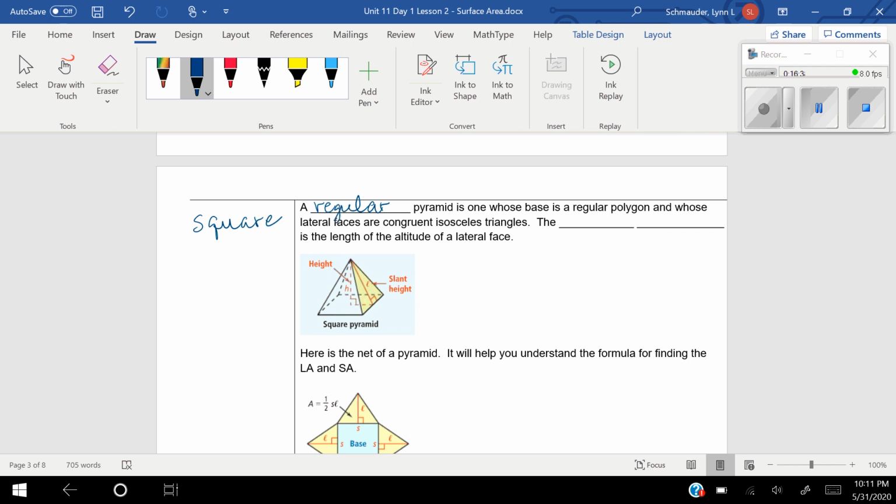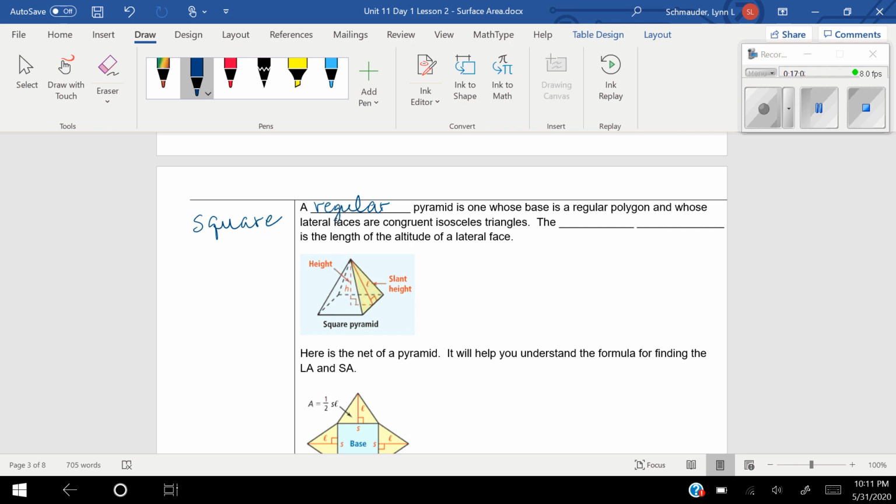when I was talking about prisms is that the way you name them is by the shapes of their bases. So for instance, you could have a rectangular prism. A square prism would be, I'm thinking cube. I guess you could have a square prism whose lateral faces were rectangles.